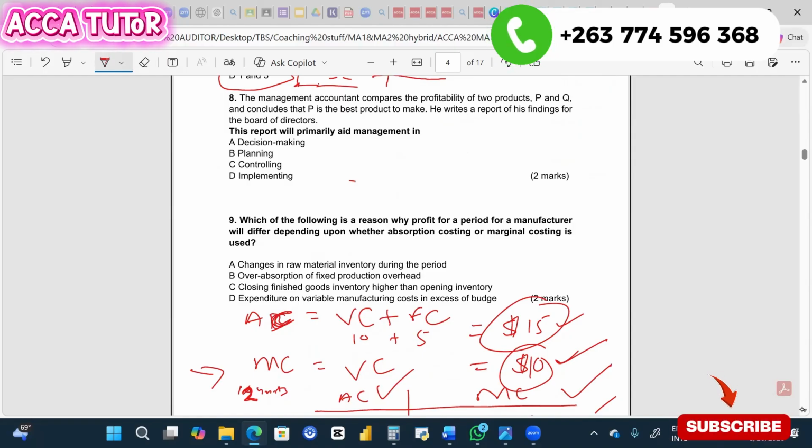He writes a report of his findings for the board of directors. This report will primarily aid management in, what is your answer? Decision making. Hello? Decision making. A. Yes, that's correct.